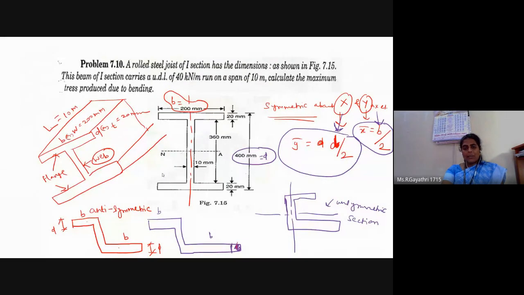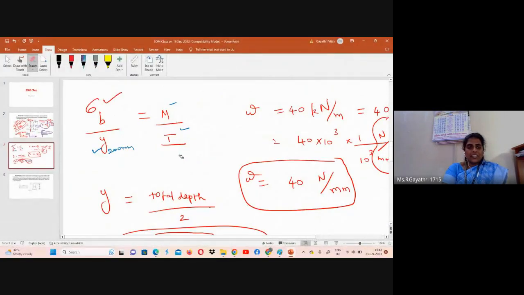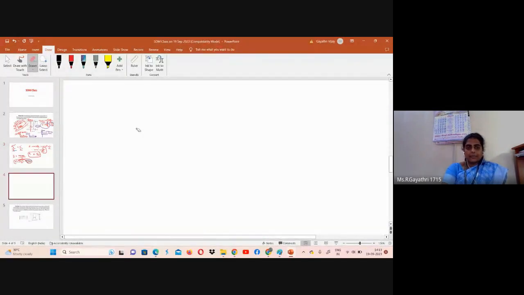Can you tell me the moment of inertia? This is symmetric about both x and y axis. Moment of inertia I is equal to, three rectangles are there, so I1 plus I2 plus I3.